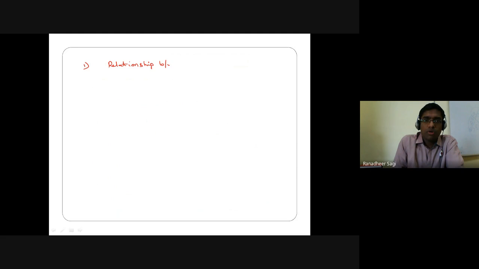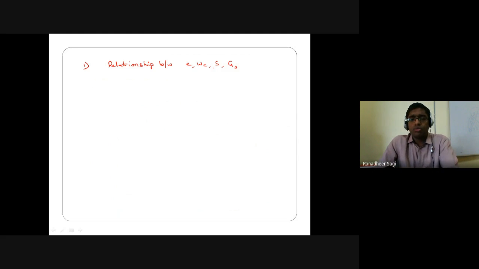How to derive a relationship between void ratio, water content, degree of saturation, and specific gravity of soil solids. Let's say I wanted to understand how to derive a relationship between these physical parameters of a soil. Why are these relationships important?